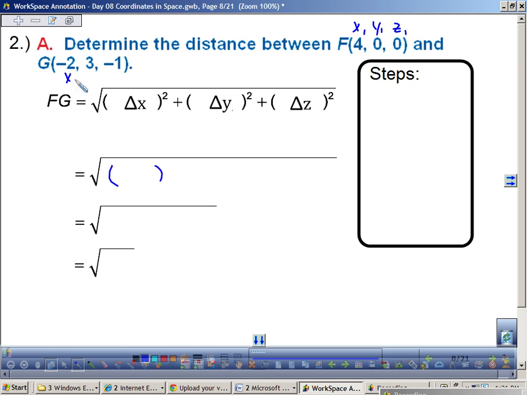Nope. x2, y2, z2. The only thing I really need to do is figure out which one I want to start with. I'm going to start with F. So if I go from F to G, how far did I move on my X? Well, it doesn't matter if it's positive or negative.